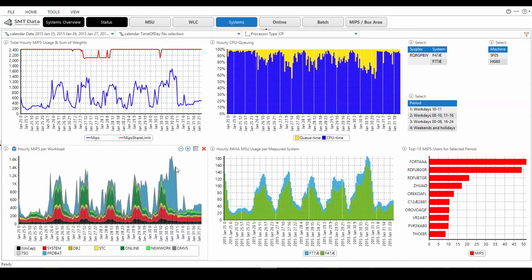So that was a very quick overview of some of the key SMF data that you can get and do some initial technical optimization of this system. Let's just take a step back and look at some of the enrichment of this data with business information that I mentioned earlier.